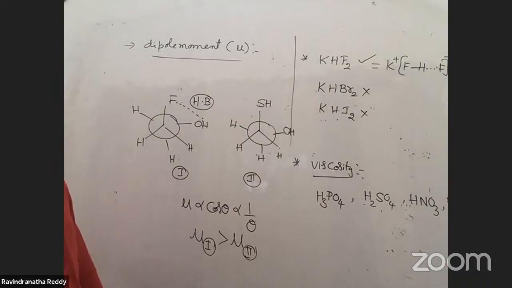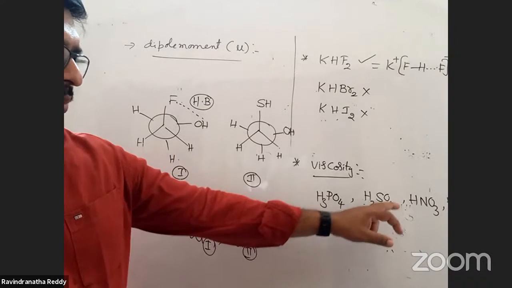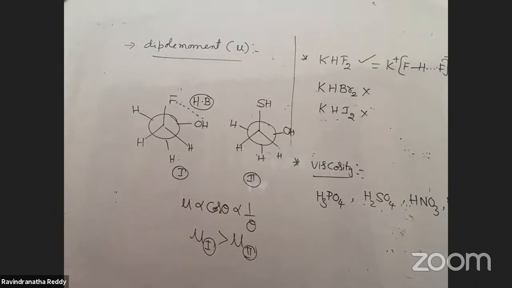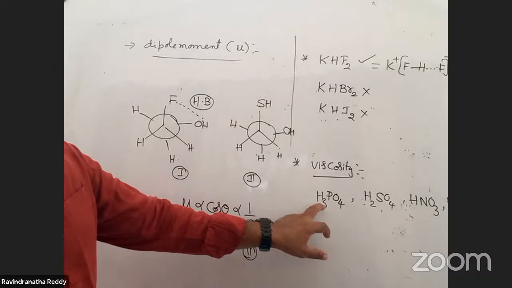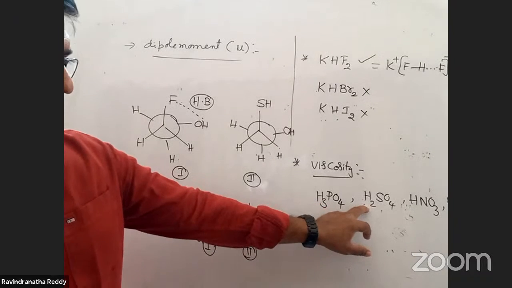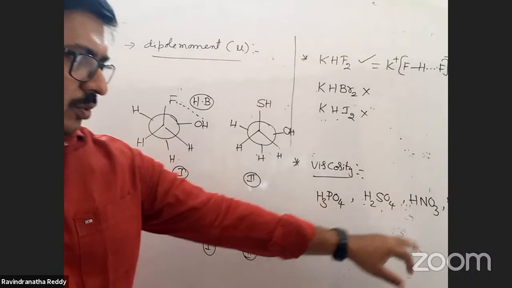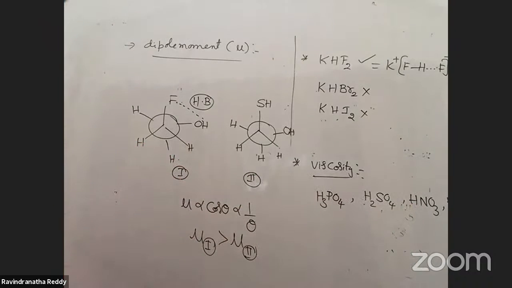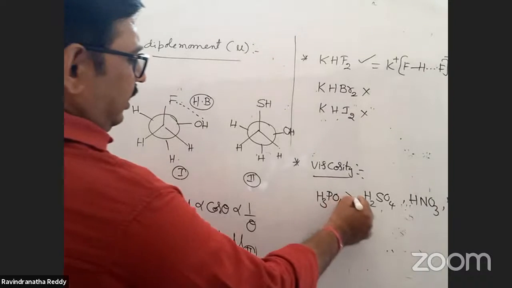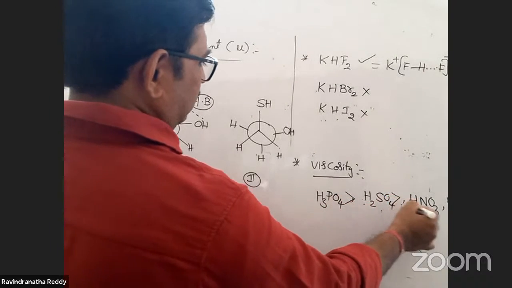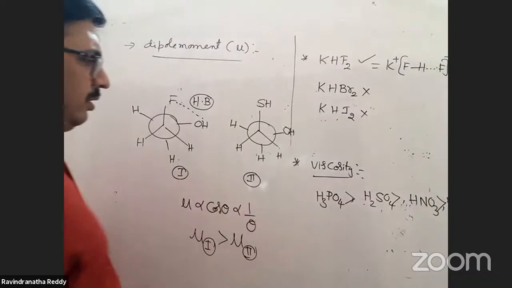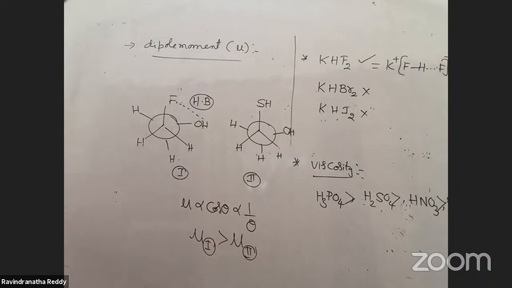Where the hydrogen bond number is more, viscosity is more. In H3PO4, H2SO4, HNO3, HCl, where is the hydrogen bond number more? Here in the first there are three OH groups, here two OH groups, here only one OH group, and the last compound has no hydrogen bond. So viscosity is most for the first compound, then next, then next, and least for the last compound, which has no hydrogen bond.